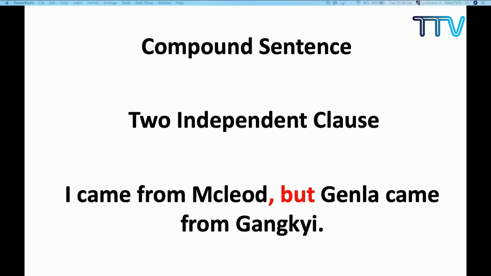A compound sentence is when you join two independent sentences by using, what do you call the word which joins words or sentences or phrases? We call it a conjunction. What is the conjunction used here? Yes, but. So: I came from McLeod, but Kela came from Kanki. This is a compound sentence. You got it?